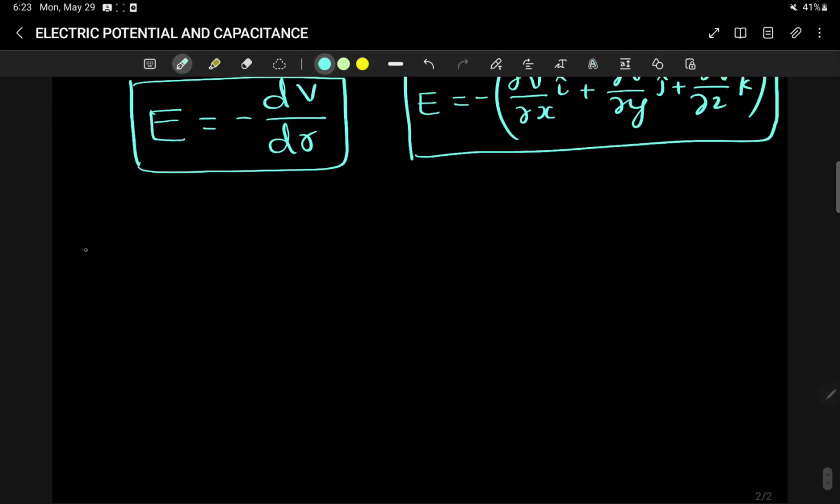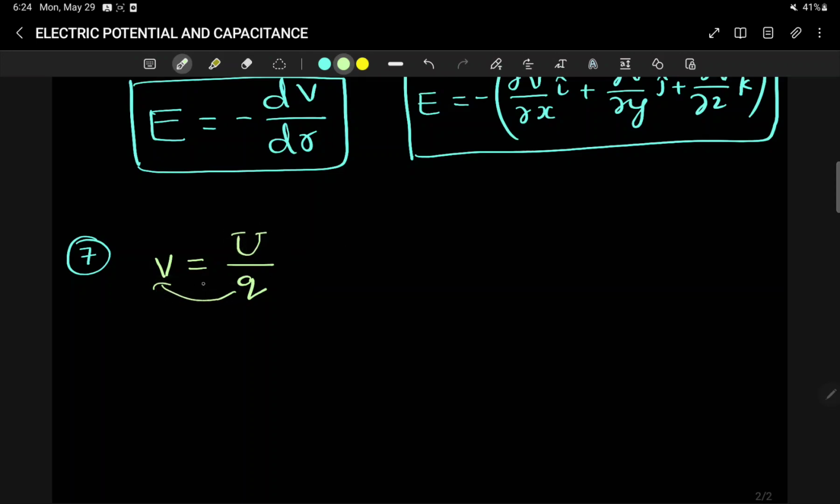Next, the 7th one: expression for electric potential energy. See dear students, we have studied that V is equal to the work done to move a charge Q from infinity to a given point, right? This work done is stored as potential energy in the system.